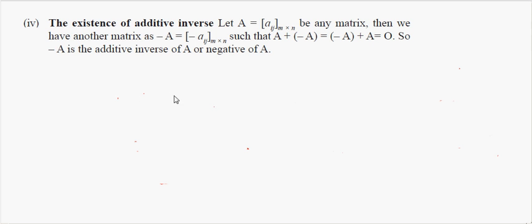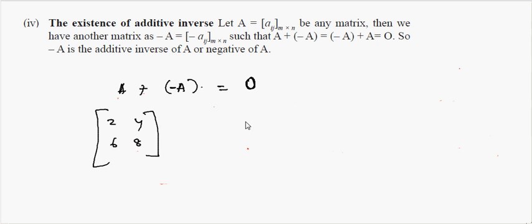Next, the fourth property you need to know is additive inverse. Suppose you know what additive identity is. When you add some matrix to A, it should give you the additive identity, that is 0. This is possible only when you take the inverse or negation of the given matrix, then only you will get that 0 matrix. Suppose I take 2, 4, 6, 8 as matrix A. If I have to get a 0 matrix, what should be here?